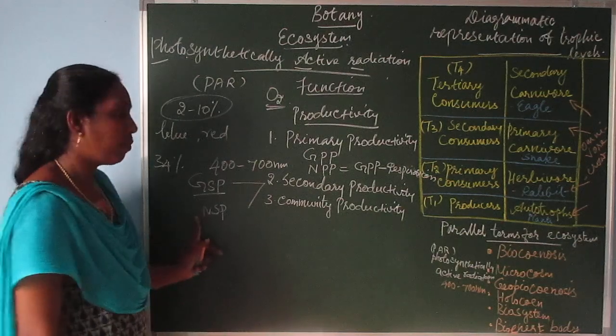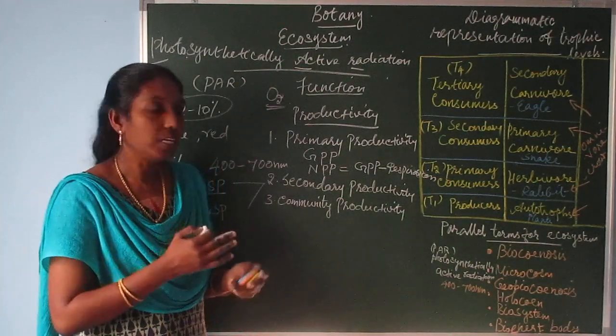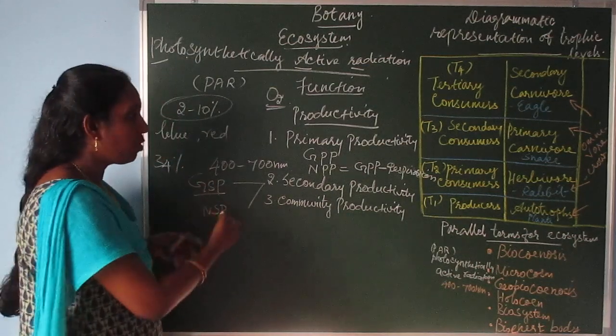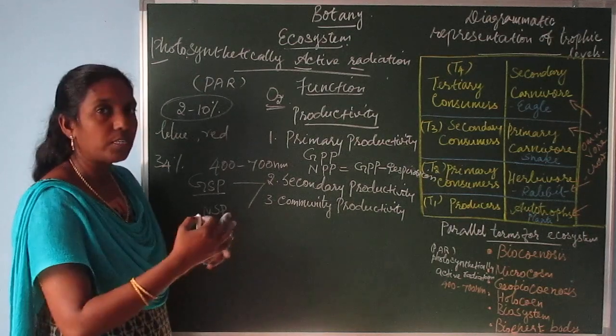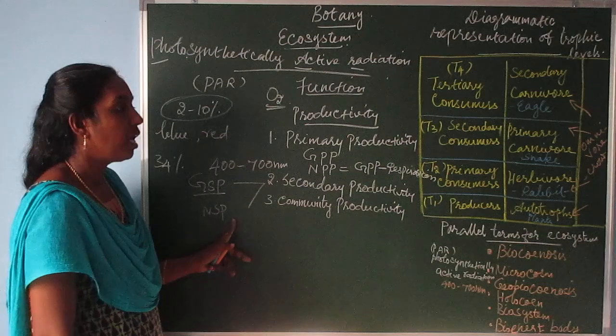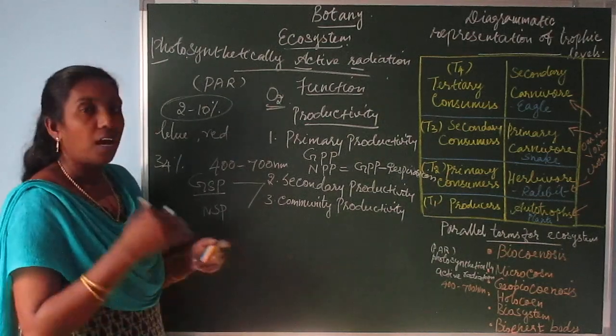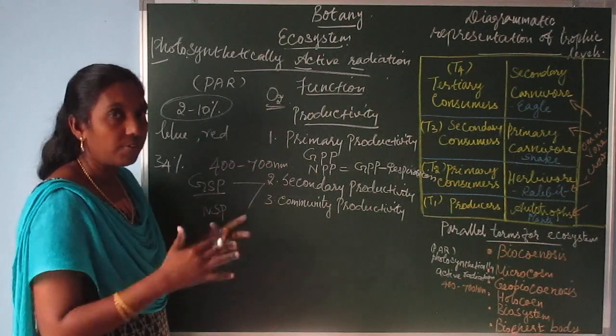Net secondary productivity is the biomass gained by consumers per unit time. How much they consume, and after respiration, some amount of energy is lost.